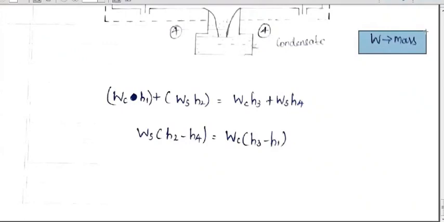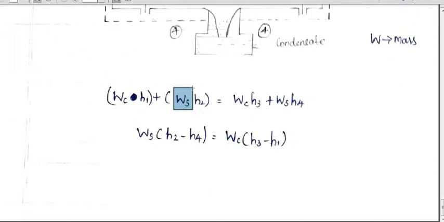What is meant by Wc? It is the mass of cooling water, and Ws is the mass of steam. I already said that there are two inlets and two outlets.